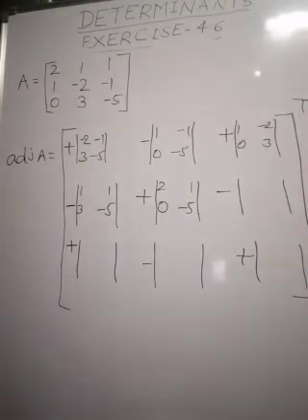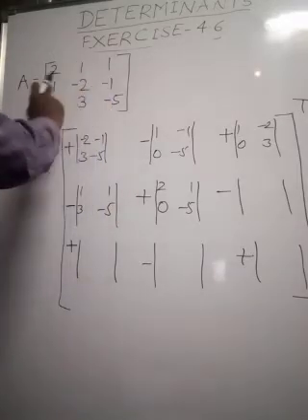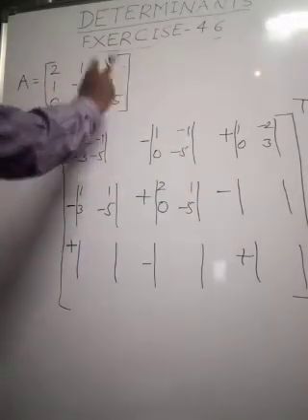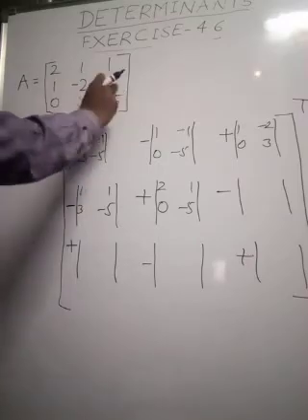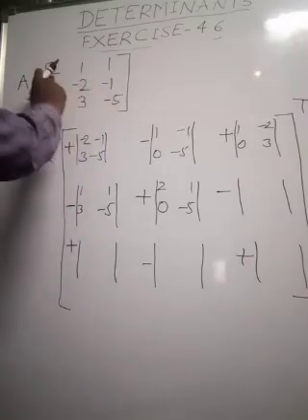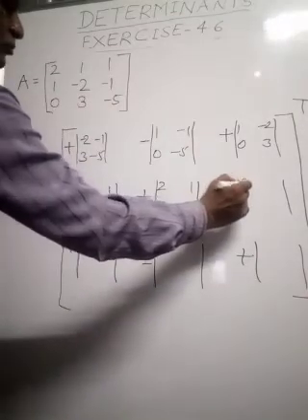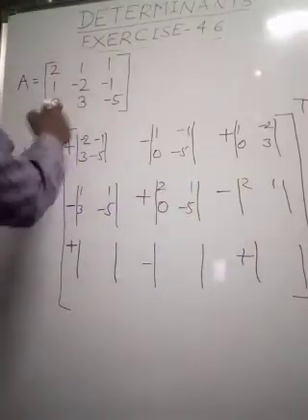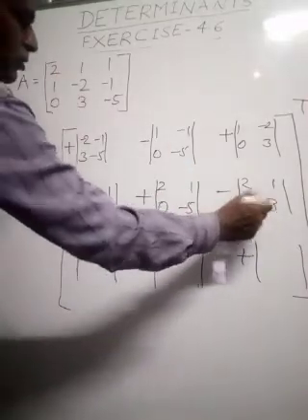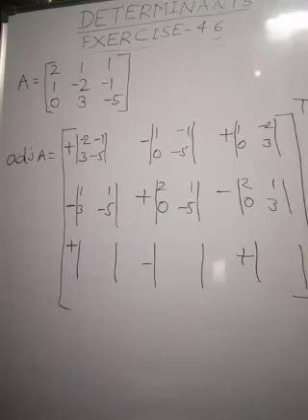Understood? Similarly, we are going to find the third element of the second row. Close the second row and third column: 2, 1, 0, 3. Understood the elements in the second row, my dear children?